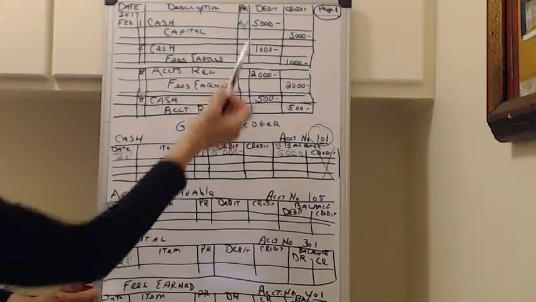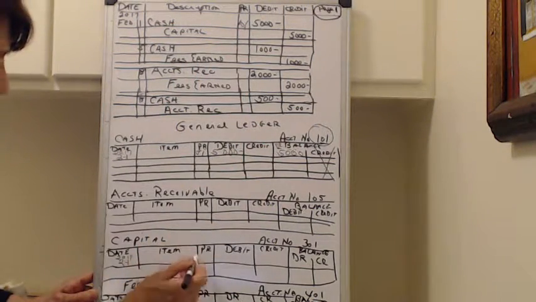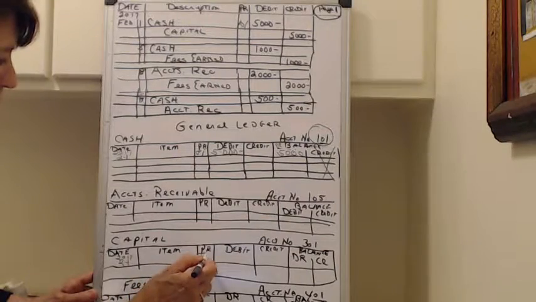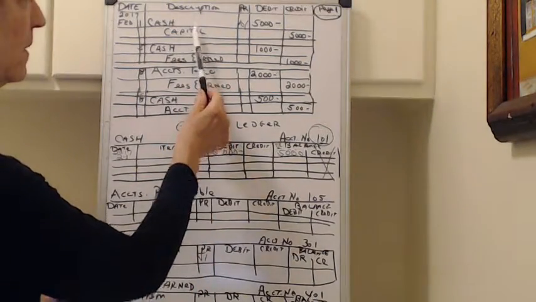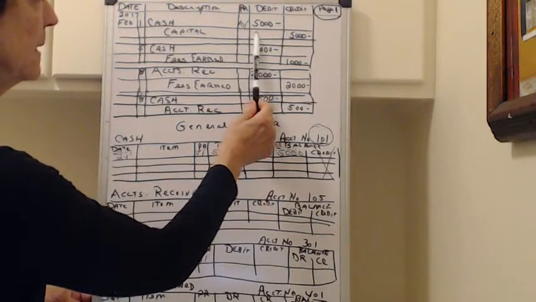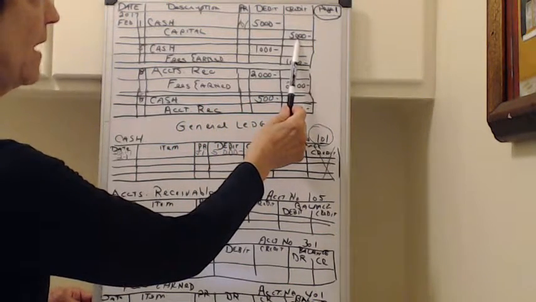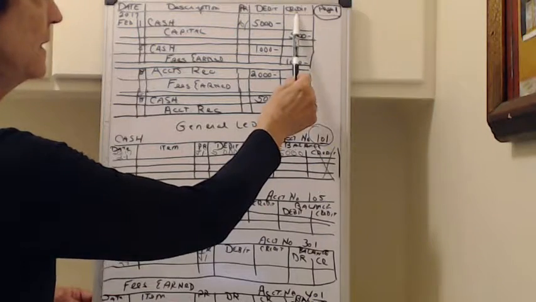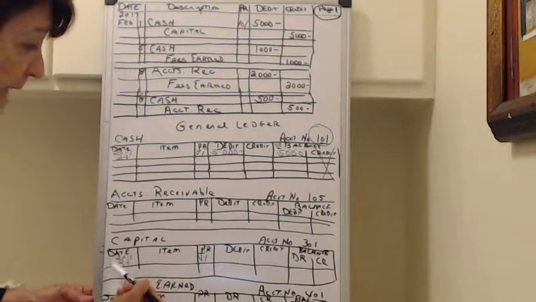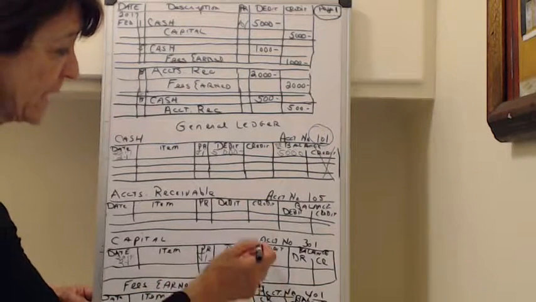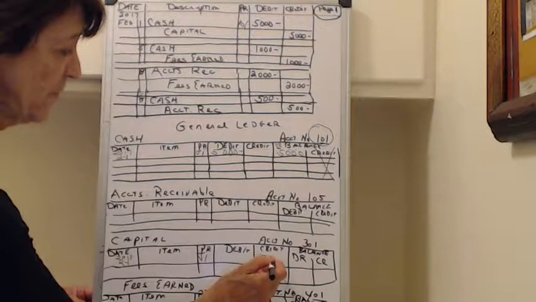All of these transactions are from page 1. So I'm going to put J1. Now I'm looking for the amount in the journal. Capital, come across the line. We have a $5,000, go up. It's in the credit column. So in the capital ledger account, I'm going to go to the credit column and put 5,000.